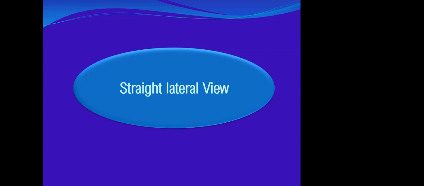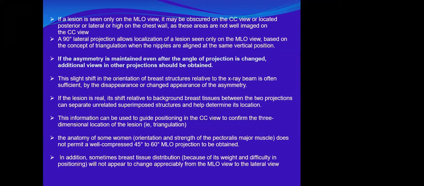In the CC view, the posterior lateral and superior breast are commonly missed areas, while in the MLO, the posterior medial can be missed.